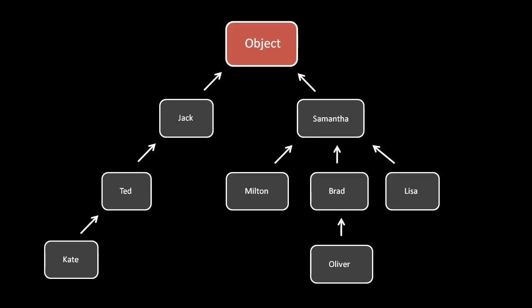In some object-oriented languages, every class is required to inherit from at least one other class, and by default, that class is a special class called the object class, which is built into the language. So as we see in our diagram here, every class except object itself is inheriting from some other class. So the object class effectively sits at the top of the hierarchy, such that any class you create is going to be an ancestor of object.